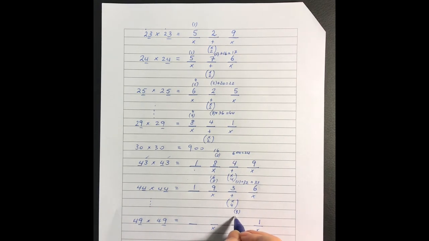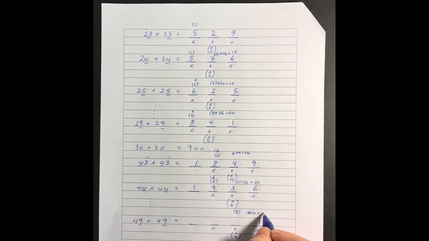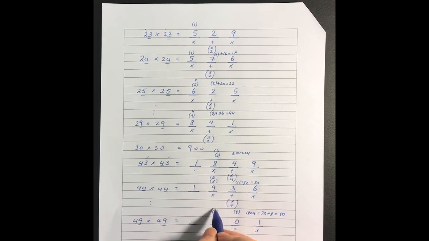But I have to do 18 times 4, which is 72, plus 8 that was there before, and it'll be 80. So 0 down, 8 up. And then I'll do 4 times 4, which is 16. So I will plus 8 plus 16, which will be 24. So the answer is 2,401. I think we're getting some patterns here.